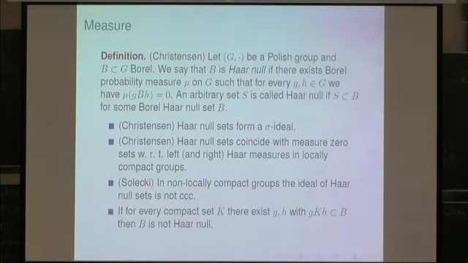And the reason why I say this is that almost every time when we prove that something is Haar positive, a conjugacy class is Haar positive, we actually prove that every compact set can be translated into it.